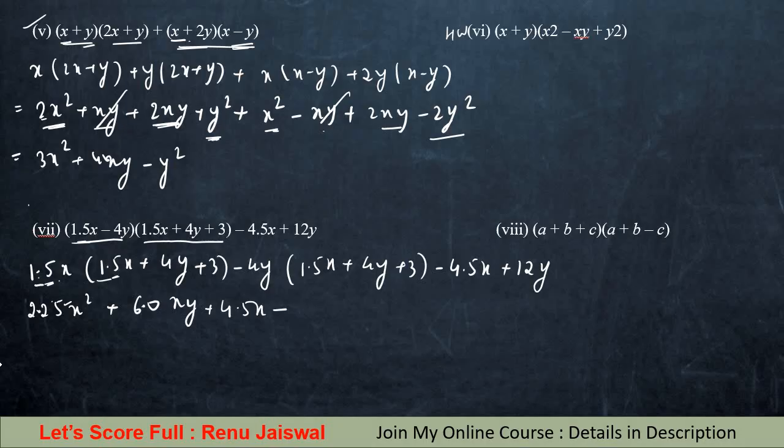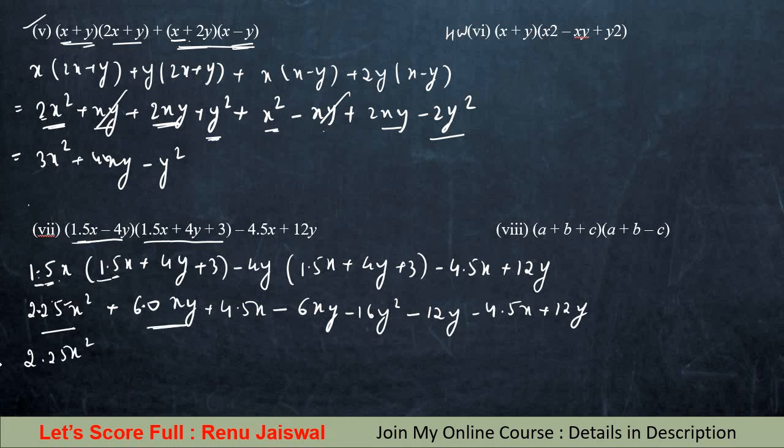Multiply this, so 6xy, minus is outside, so the sign will change. Here 4 fours are 16 y square, and then 12y, minus 4.5x and plus 12y. Here x square I have, no other x square, so write as it is.